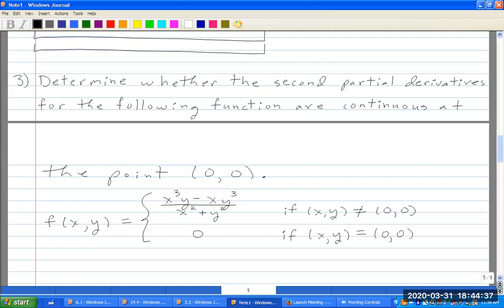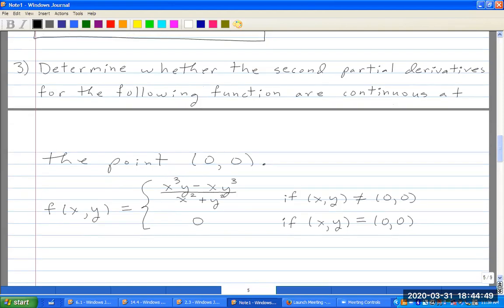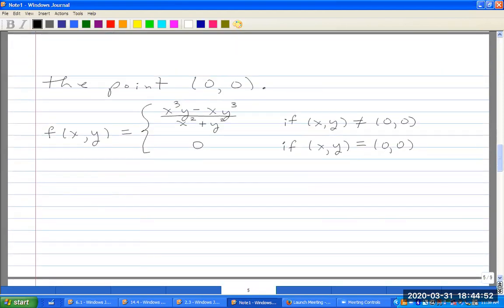So I have to find the second partials, and you want to only do it at the origin. So let's do the first partials. To do the second partials, I'm going to have to find the partial of f at x, 0, and 0, y, and a mixed partial.